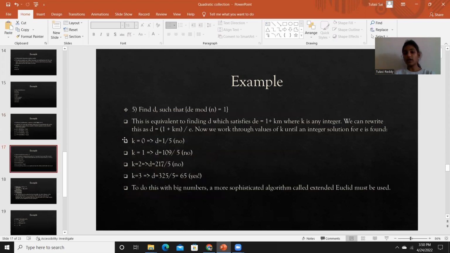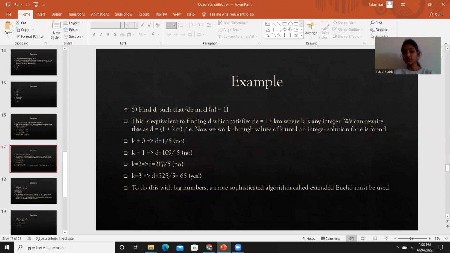So after finding the value of e, now we will be calculating the value of d such that d e mod m equal to 1. This is equivalent to finding d which satisfies d equal to 1 plus k m, where k is any integer.